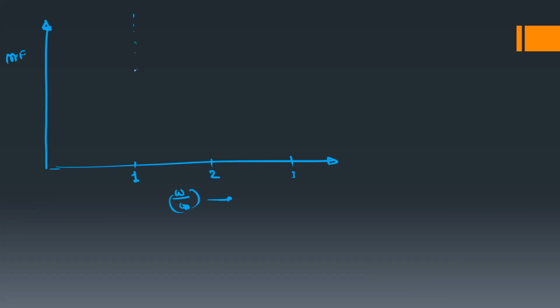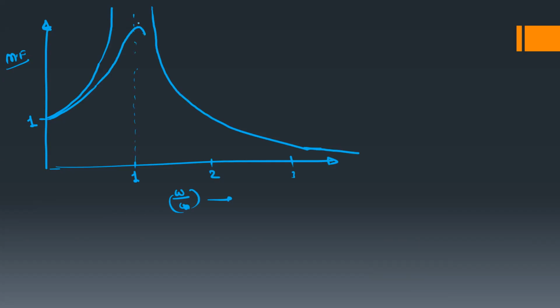If you draw a vertical line at this resonant condition, all the curves for magnification factor will start from one value. This is the first graph where zeta is 0. Suppose here zeta is 0.1. Then this maximum value is on the right side of this resonant frequency.